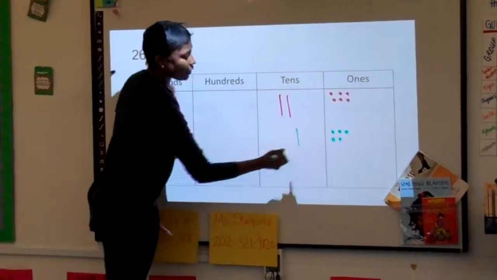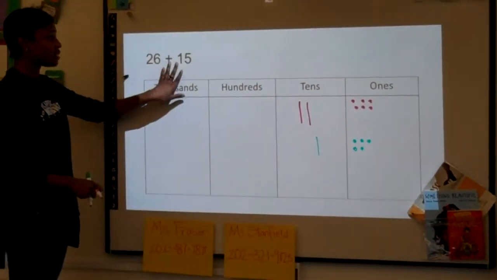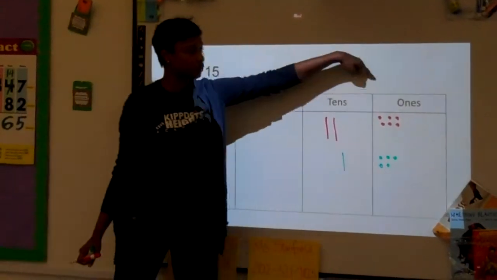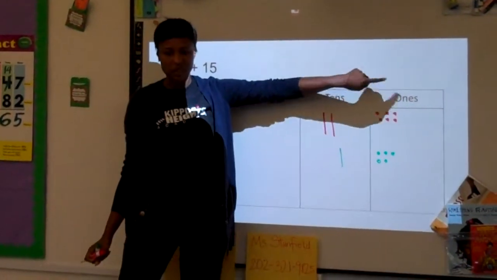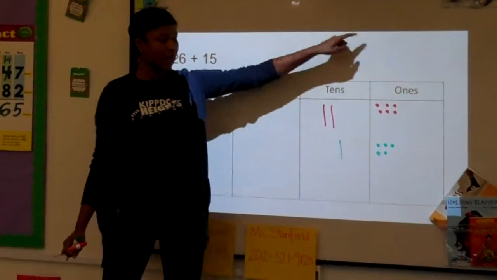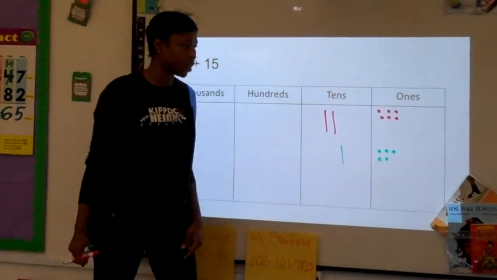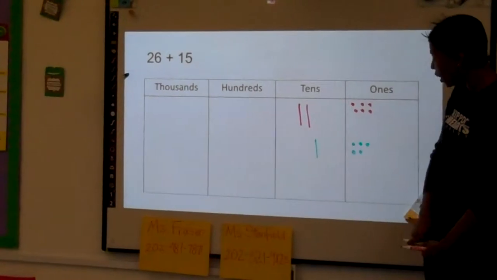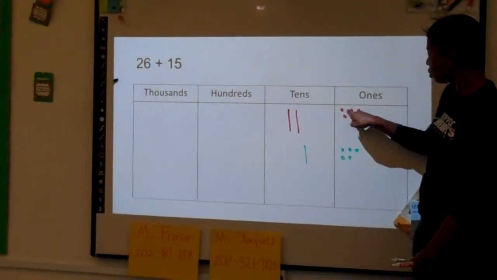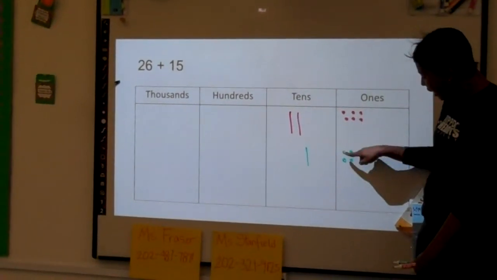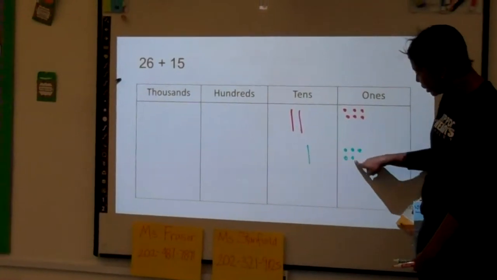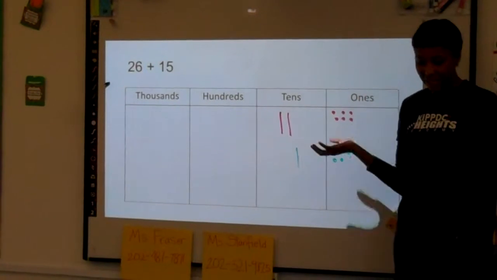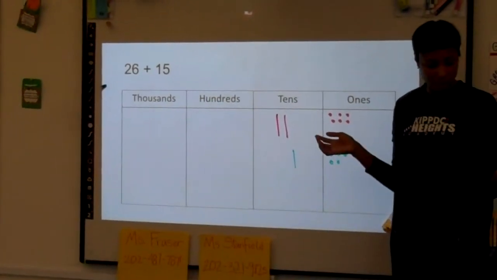3, 4, 5. I know that I'm adding these together, and the most important thing to remember is I always add my ones first. So, if I count my ones first, I have 1, 2, 3, 4, 5, 6, 7, 8, 9, 10, 11. Well, I know that 10 ones can make a 10.